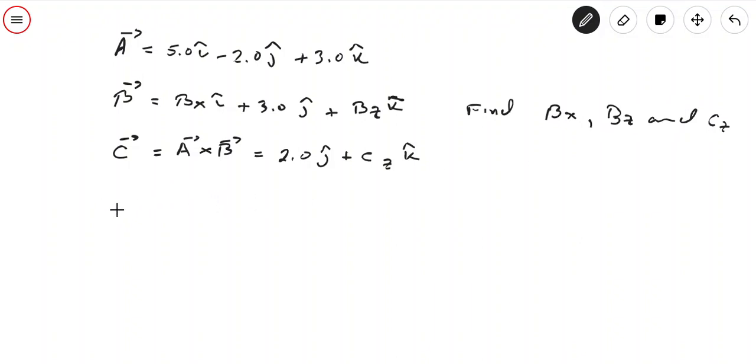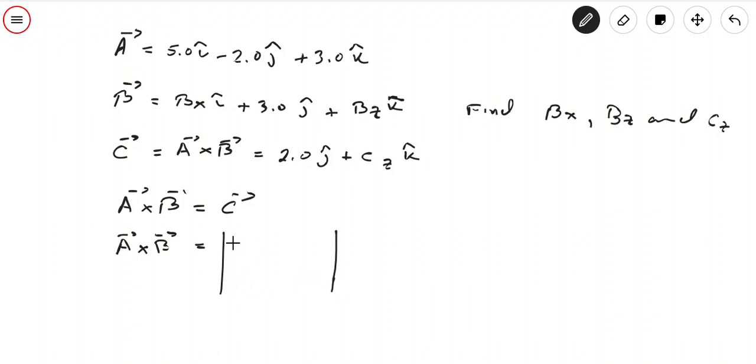So if I have that the cross product of the vector A and B is equal to the vector C, right? And I know that the cross product of vector A and B is equal to, let us write this as a determinant here.